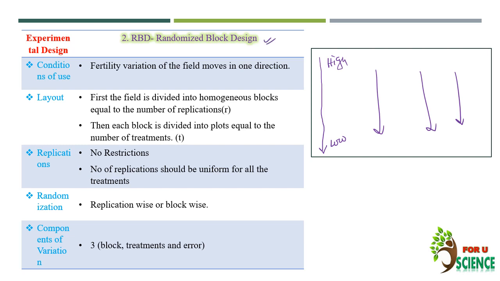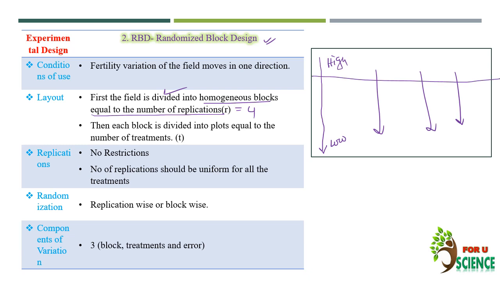Okay, so what is the layout? We divide the field into homogeneous blocks with an equal number of replications. Suppose the replication number is 4, that means we will replicate our treatment 4 times.